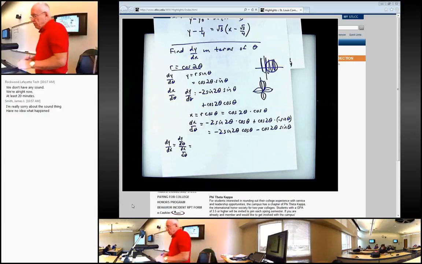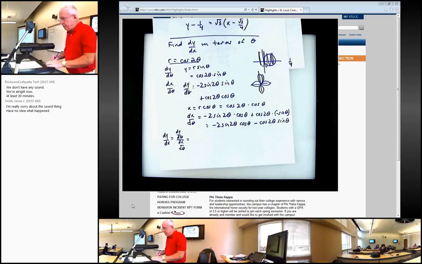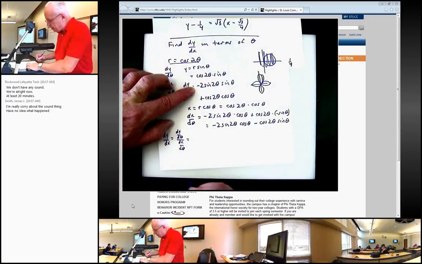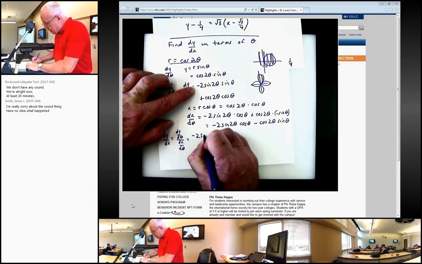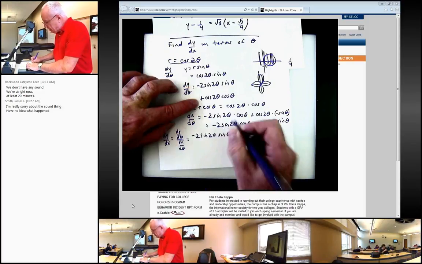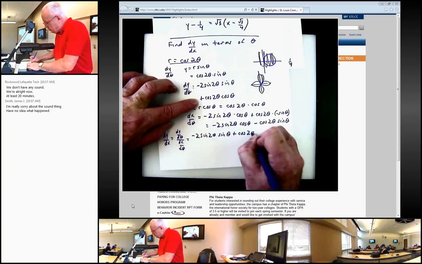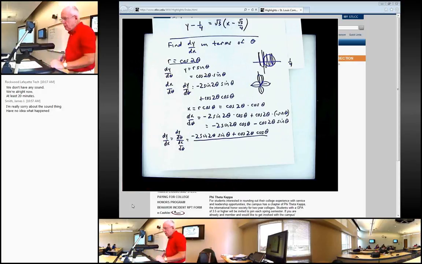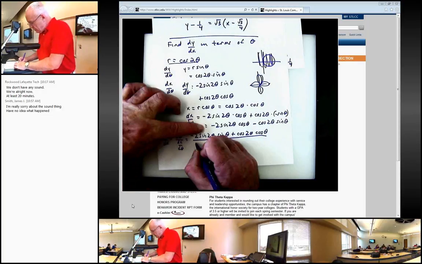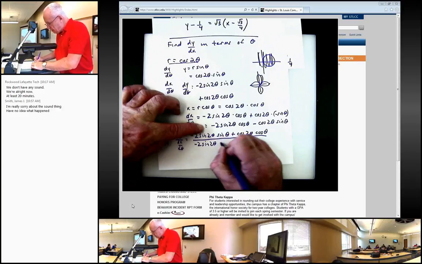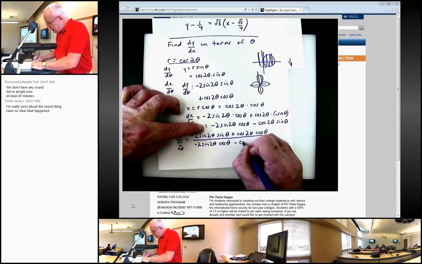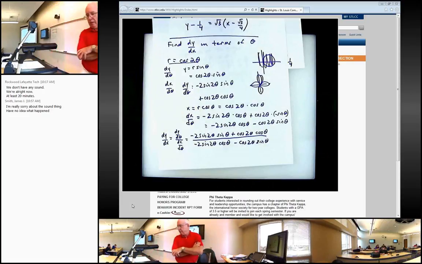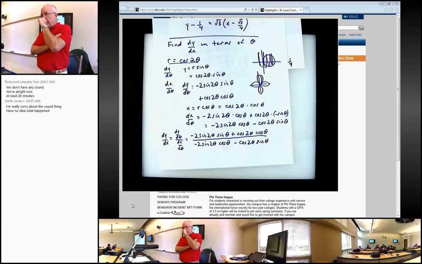Let's copy down what we got. dy/d theta comes first: minus 2 sine of 2 theta times sine of theta plus cosine of 2 theta times cosine of theta, all over dx/d theta: minus 2 sine of 2 theta cosine of theta minus cosine of 2 theta times sine of theta. No simple formulas here.